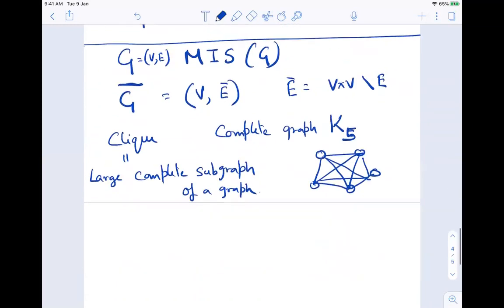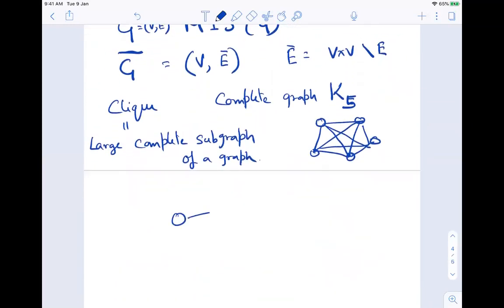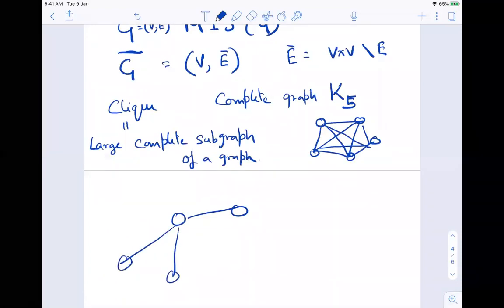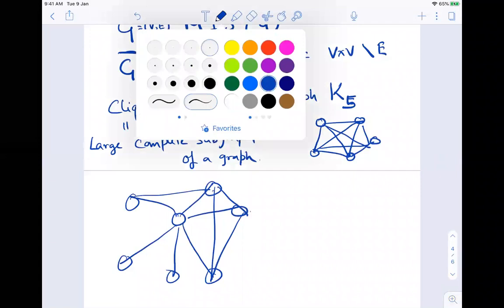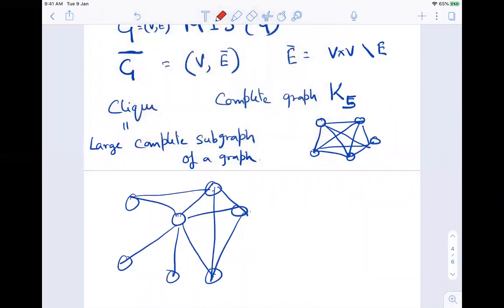For example, if I have a graph like this, what you will see is that these 4 vertices form a clique, a complete subgraph.